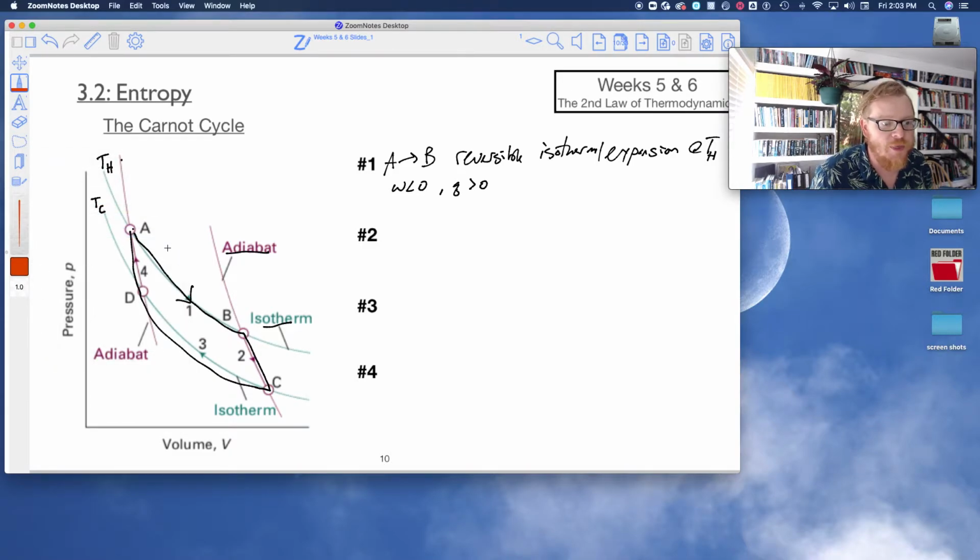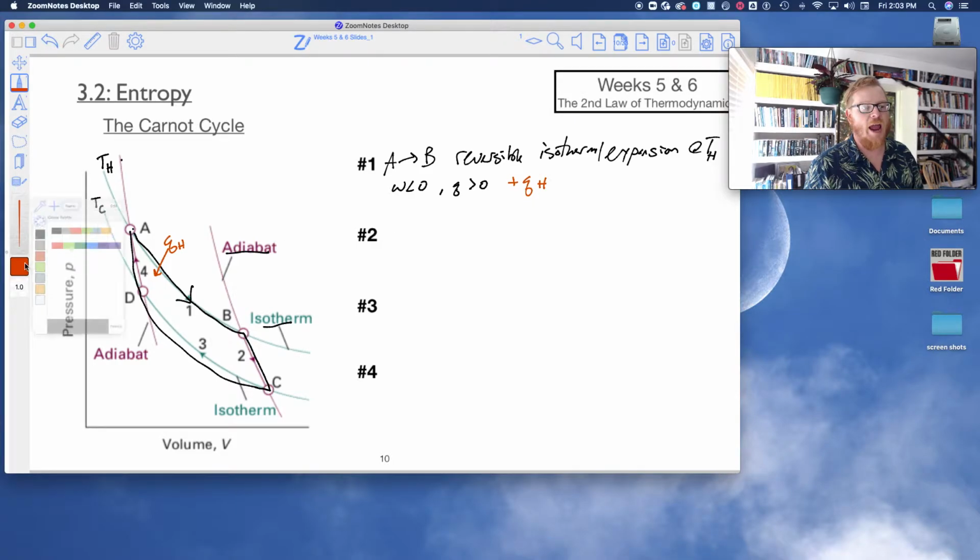I will note that heat, I'll say Q_H, heat is going in. So that's a positive Q_H to make that expansion isothermal and reversible. Okay, so that takes us from A to B.